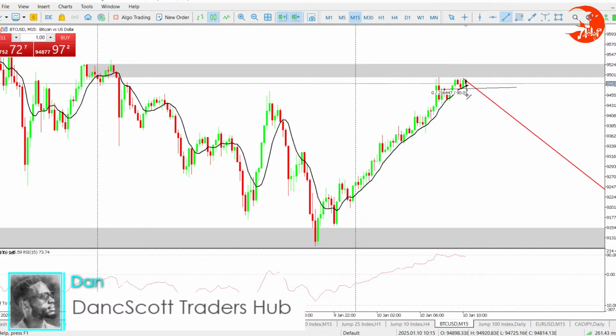That means we'll be heading to sales, meaning we'll be seeing market structure shifting to the sell trend. That's what we'll be looking at. So until the breakout here happens, we have no entry at all.